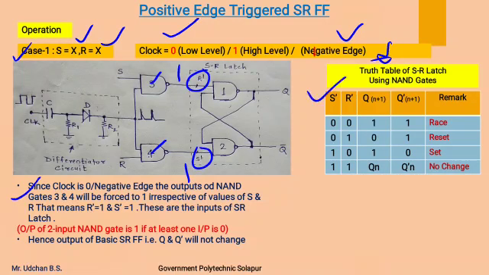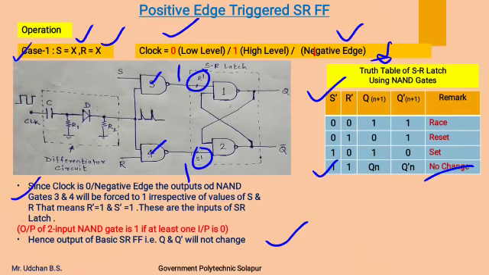Now we have the truth table of the SR latch, in which when R dash and S dash are 1 1, then the output is not going to change. Therefore the output of the basic SR flip-flop, that is Q and Q complement, will not change when clock is at low level, or when clock is at high level, or at the negative edge of the clock.